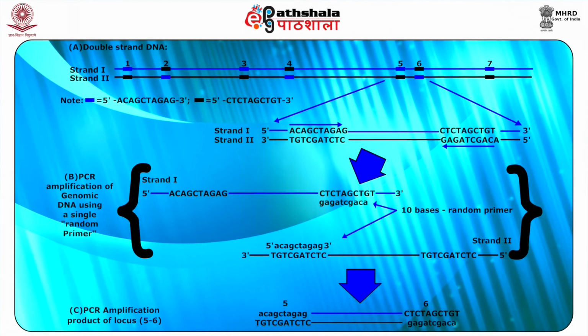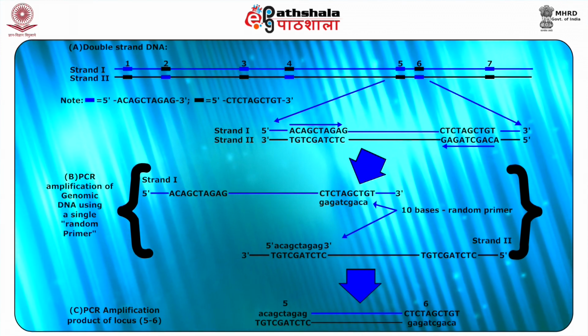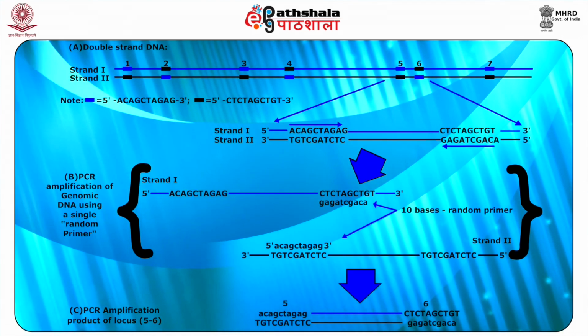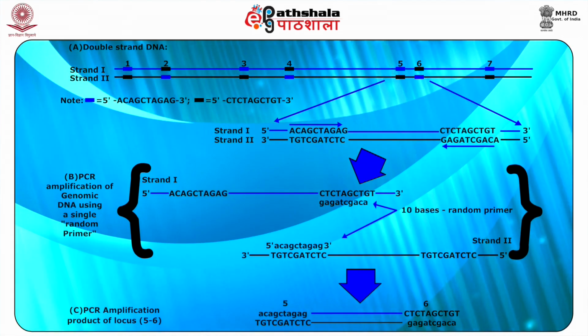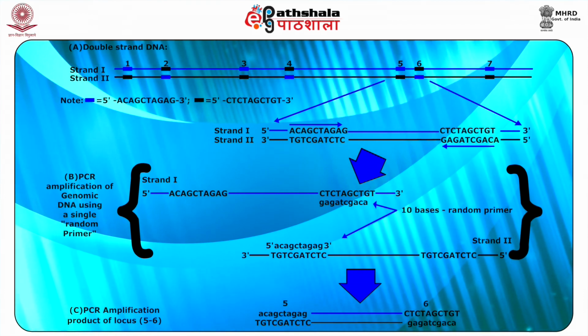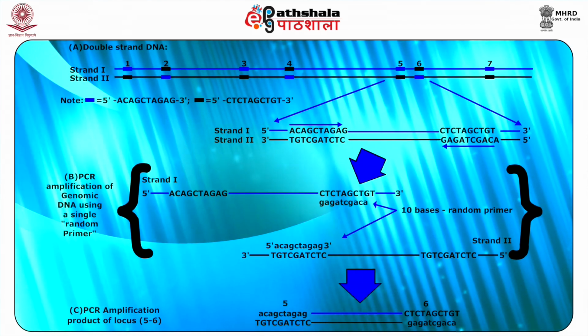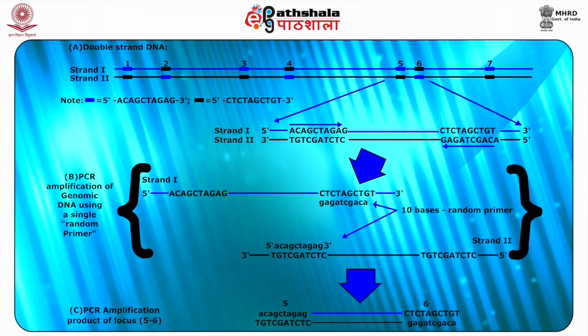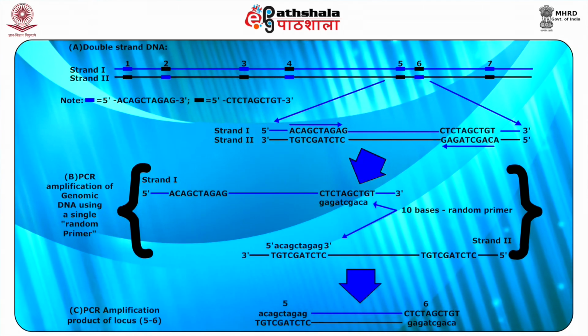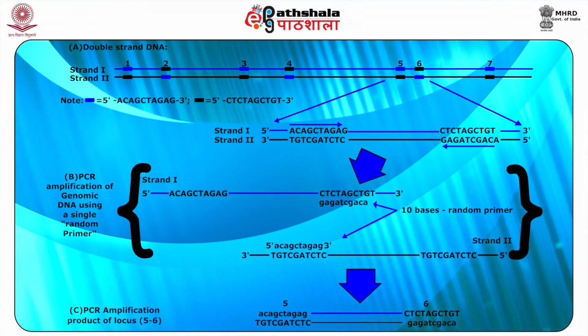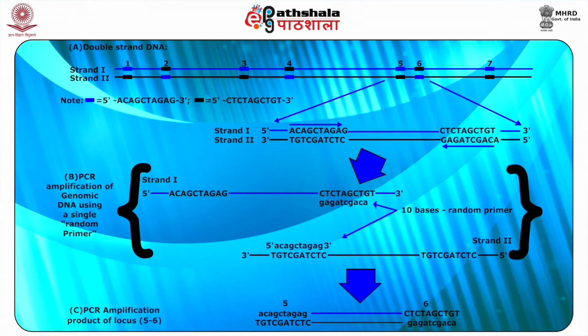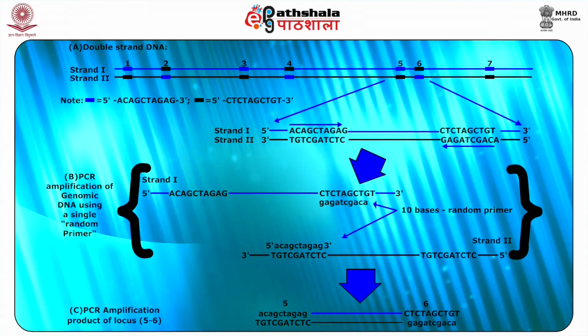The temperatures used and the length of time they are applied in each cycle depend on a variety of parameters. These include the enzymes used for DNA synthesis, the concentration of divalent ions and dNTPs in the reaction, and the melting temperatures of the primers.